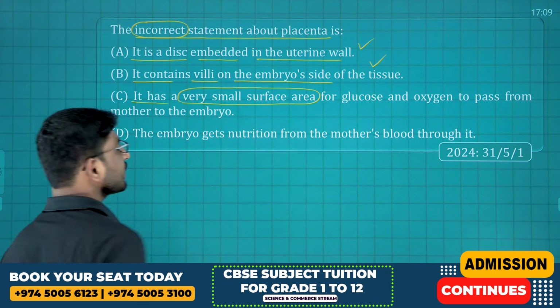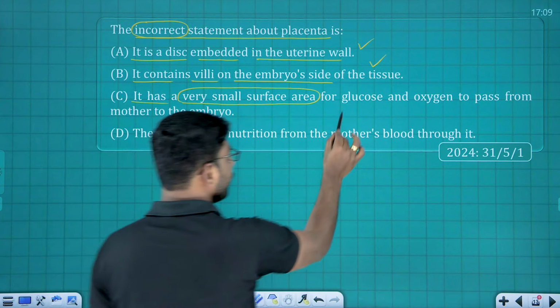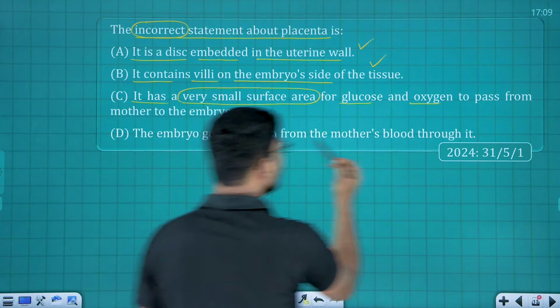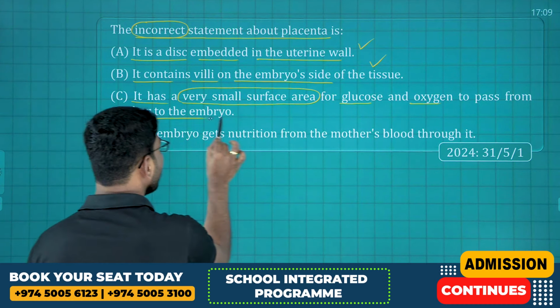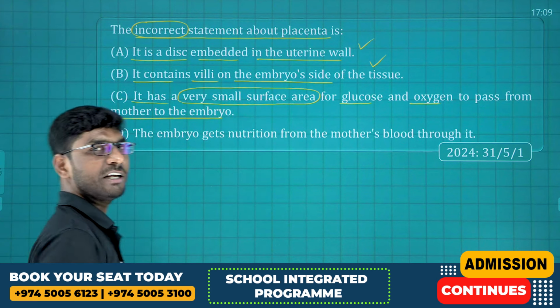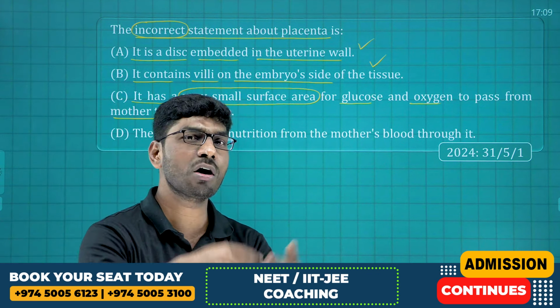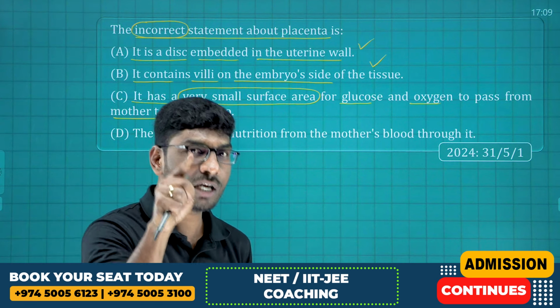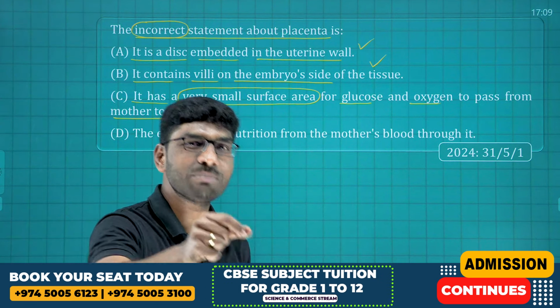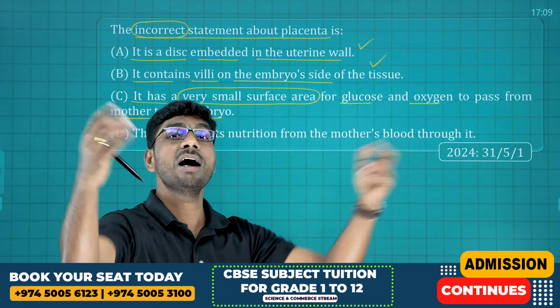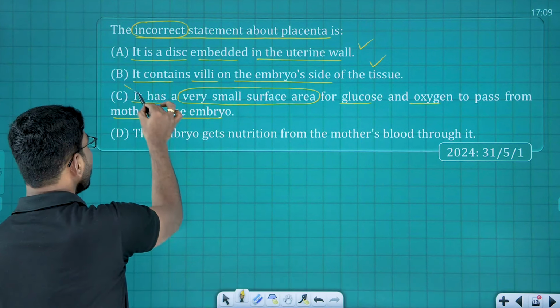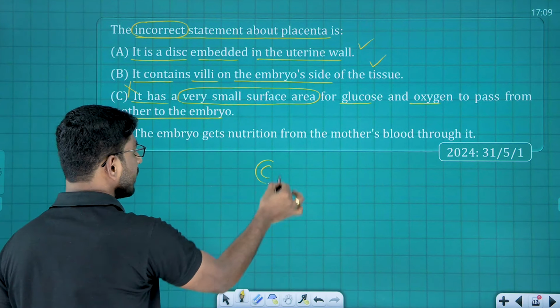Wait. Very small surface area for glucose, oxygen to pass from the mother to embryo. After reading the total statement, is it a small or large surface area? If you read NCERT, it is clearly mentioned, large surface area. So the incorrect statement is option C.